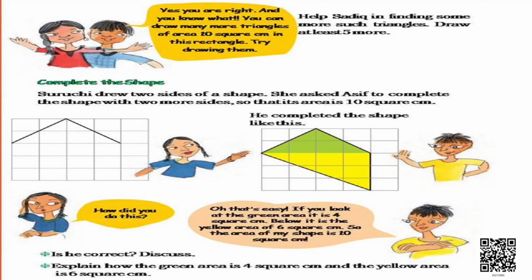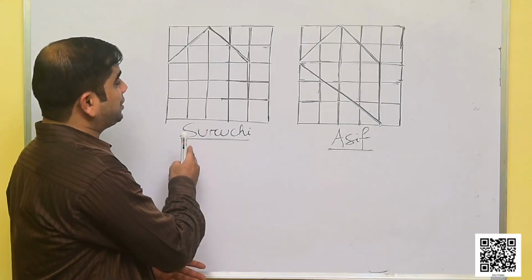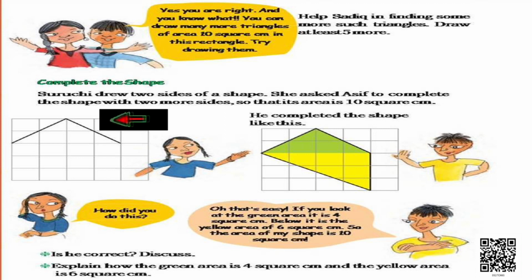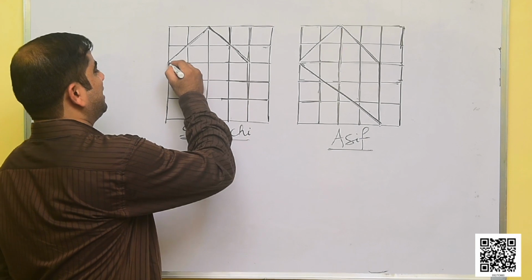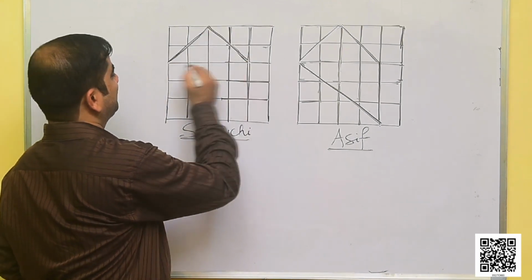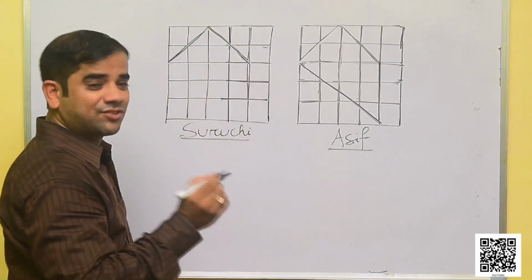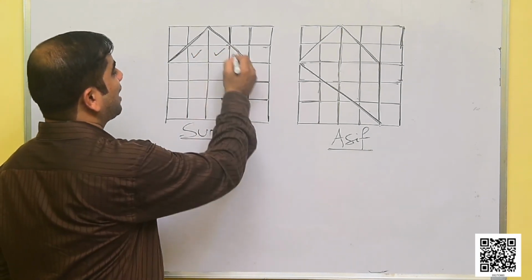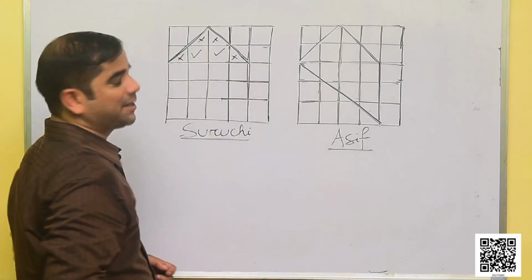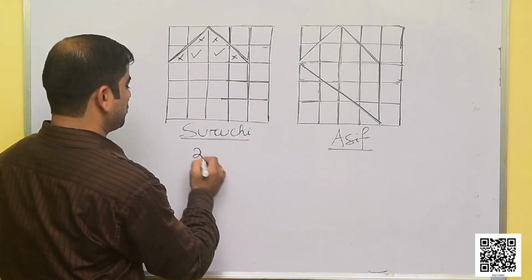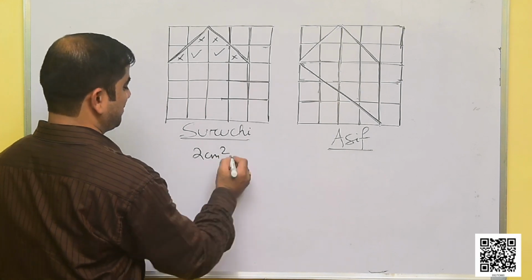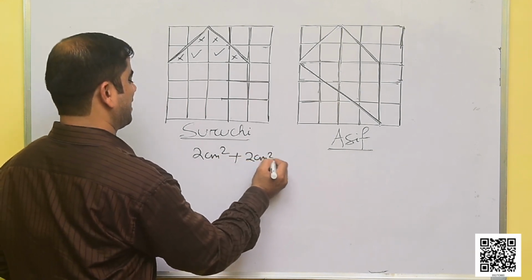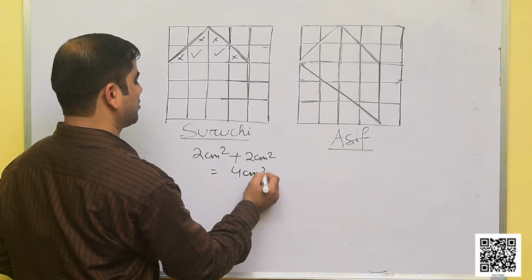Okay? Students, as you can see on this page, Suruchi has drawn two lines like this. So what is the area covered by this? If I draw a triangle, this triangle consists of 2 full squares and 4 half squares. That means the area is 2 centimeter square plus 2 centimeter square, equal to 4 centimeter square.